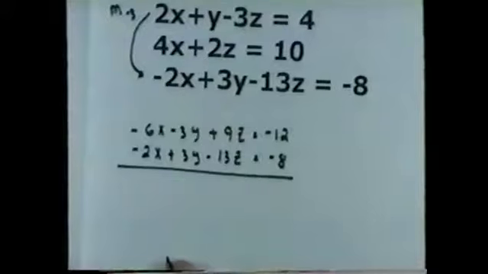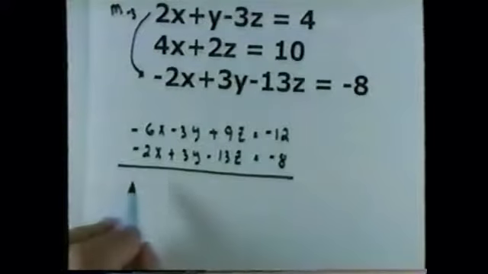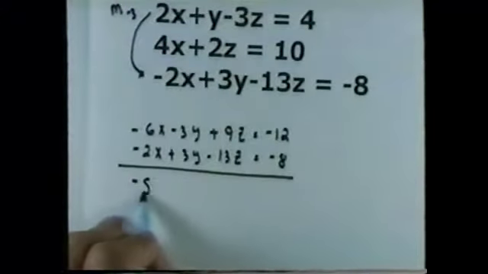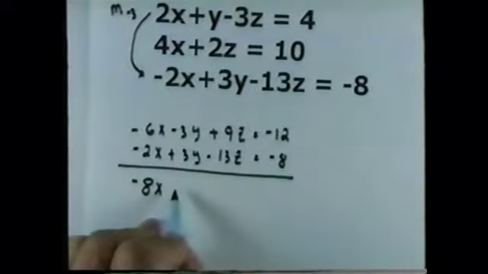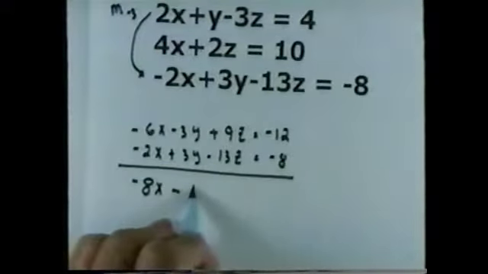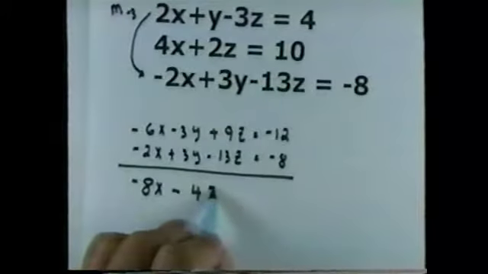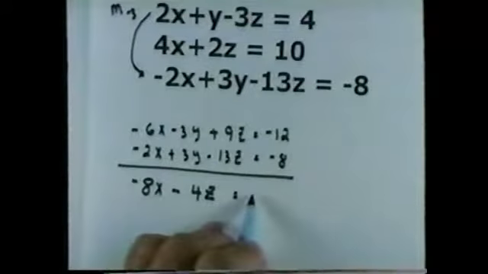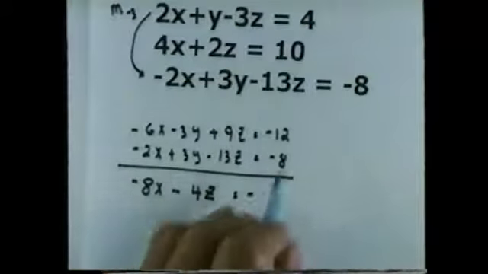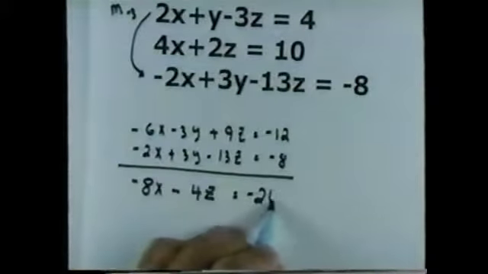Adding, I get negative 8x, the y's will cancel, minus 4z is equal to negative 20.